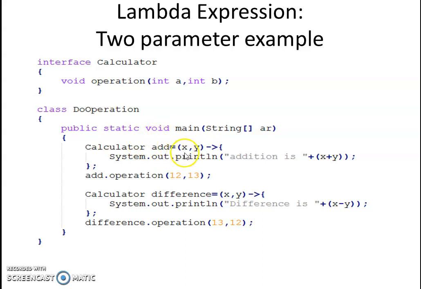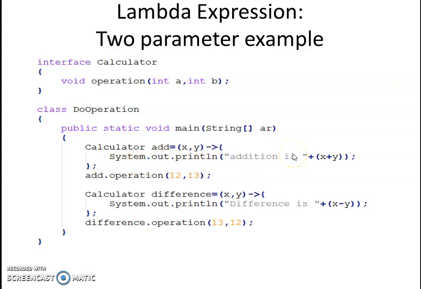Now we are writing lambda expression. Here lambda expression is taking two parameter, as this particular function takes two parameter. So inside parenthesis we are writing two parameter separated by comma, then arrow token, and inside curly braces we are writing system.out.println.